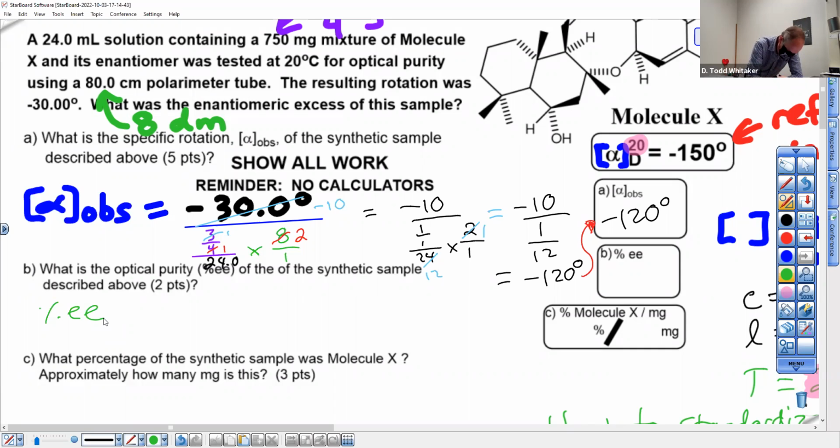Percent enantiomeric excess, defined as how much more there is of the major isomer in percent.